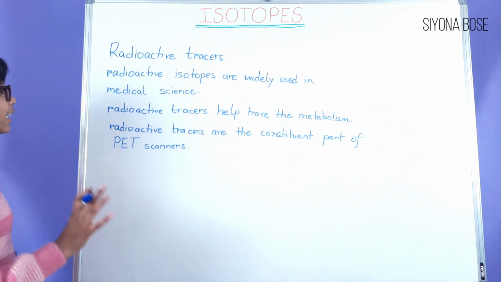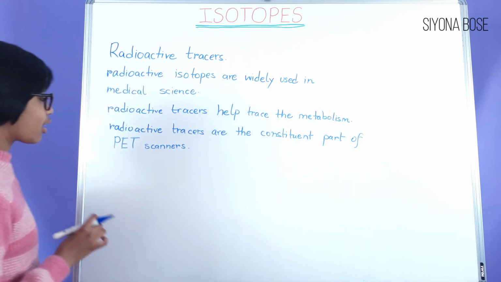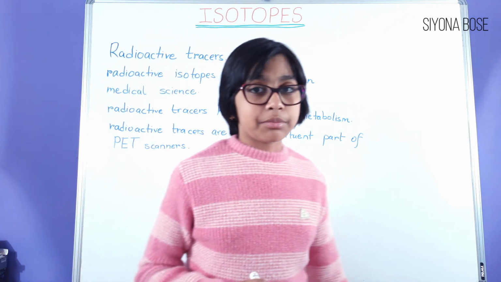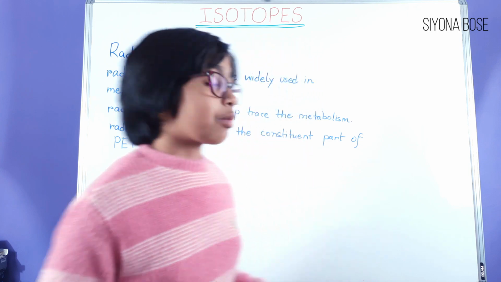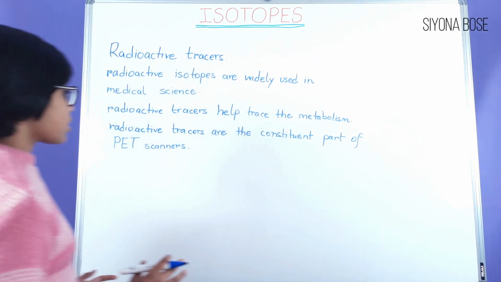That's the reason why radioactive tracers are the constituent part of PET scanners. That's the main purpose, since they can track the growth and metabolism of cancer cells.